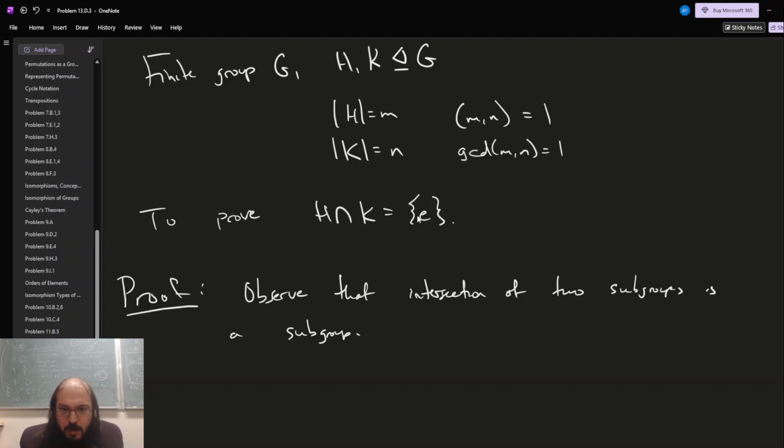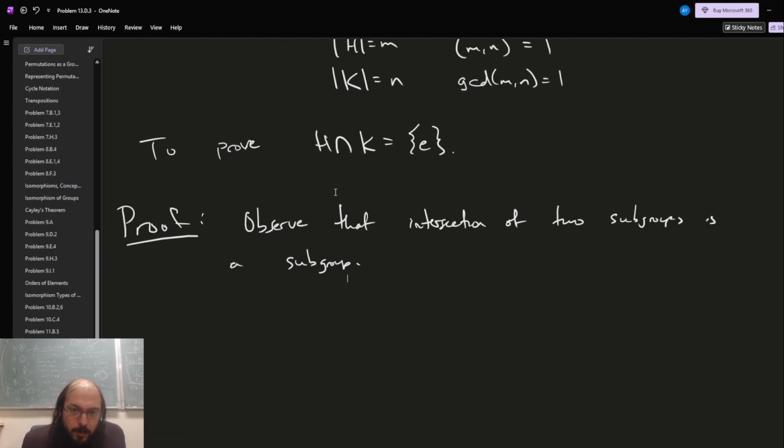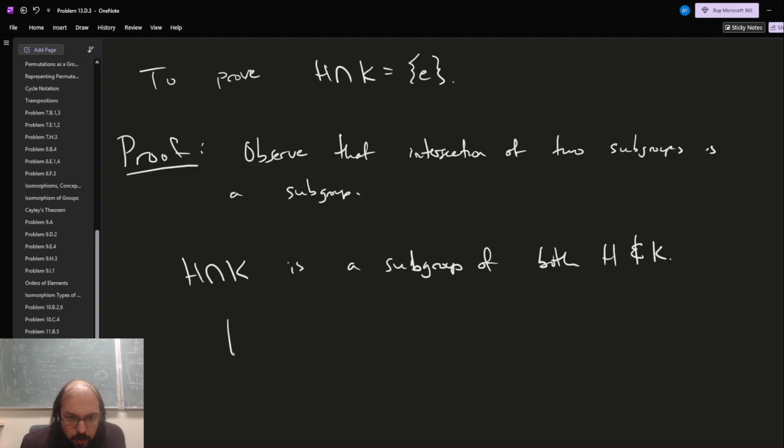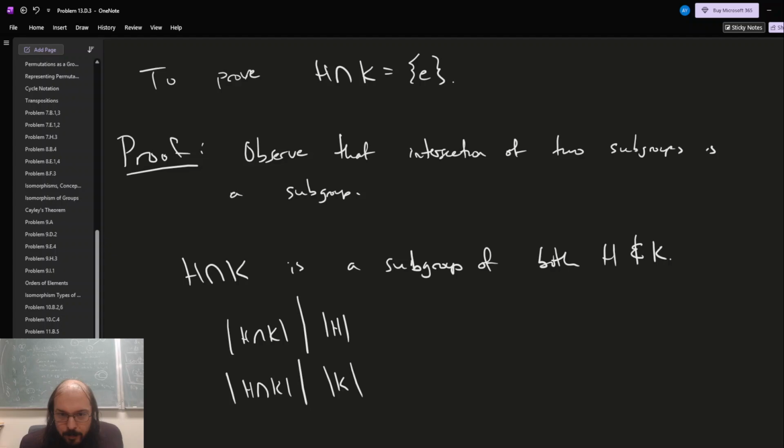So with this in mind, we are beginning to see a little bit of a proof strategy here, where H intersected with K is a subgroup of both H and K. What that means is the order of H intersect K divides the order of H, and the order of H intersect K divides the order of K.